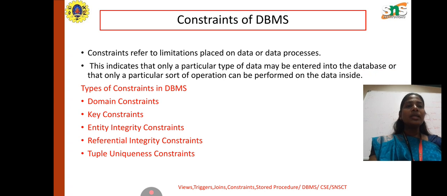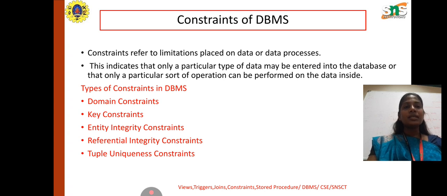Then the next one is constraints. A constraint refers to a limitation placed on data or data processing. Constraints refer to limitations on what particular type of data may be entered into a database, or that only a particular sort of operation can be performed on the data inside.